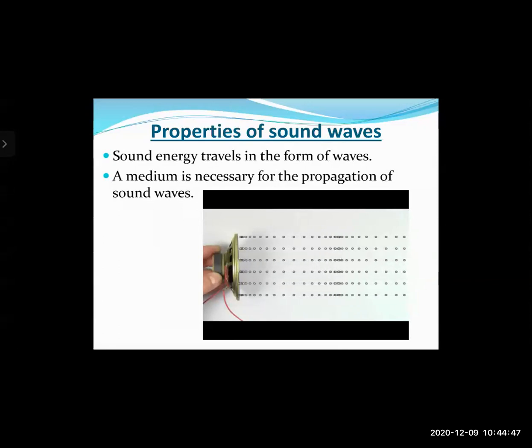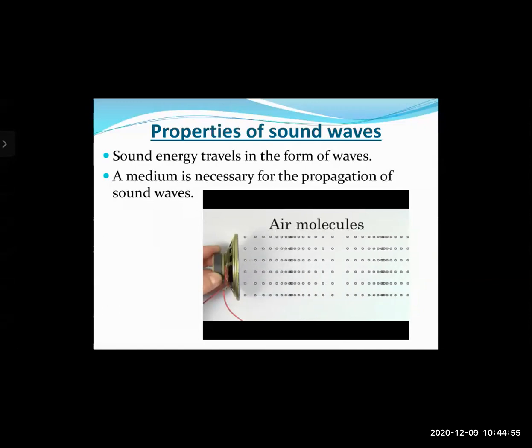A medium is necessary for the propagation of sound waves. If you observe the diagram, the animation below, you can see there is a loudspeaker. When that speaker works, the face of the speaker starts vibrating. When it vibrates, it is set into motion and sets the air molecules into vibration.